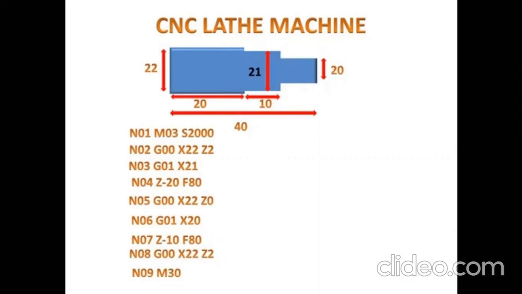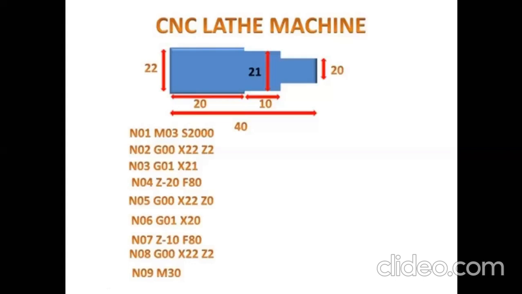The first line is represented by N01. The next command or symbol is M03. M is your miscellaneous function, and 03 represents that you have to give rotational motion to the spindle.